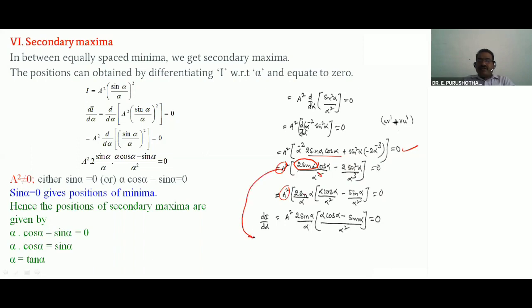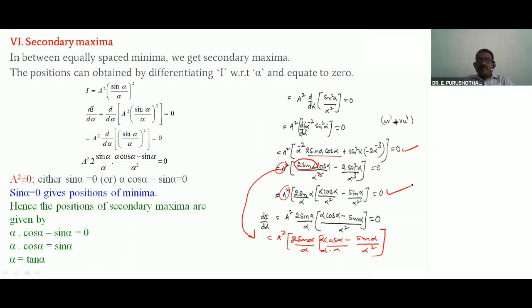So I am taking here a square into 2 sine alpha by alpha times cos alpha by alpha minus sine alpha by alpha square. Multiplying with alpha, dividing with alpha, we get this term.